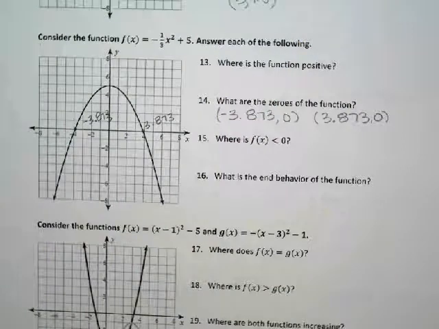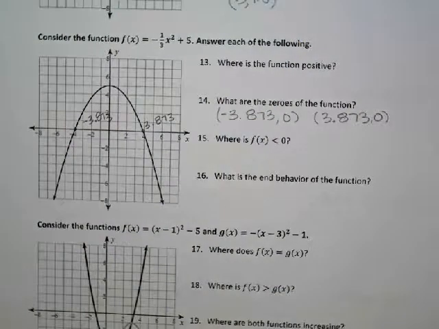Let's answer question 13. Where is the function positive? Yeah, the guess is always bad. Your left bound and right bound might not have been good. So when it says error, sometimes it's a user error. That's you.